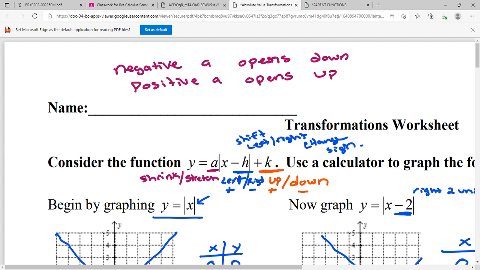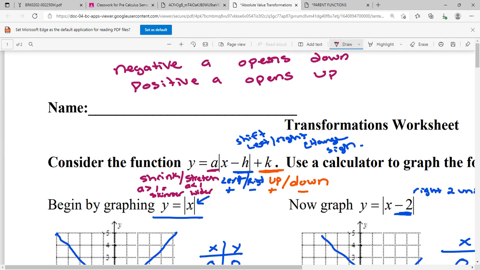All right, the shrink and the stretch, if A is greater than 1, it's going to get skinnier. A is less than 1, it's going to get wider. But it has to be more than 0. That's for your positive numbers and your negative numbers. Let's just make it say fraction.